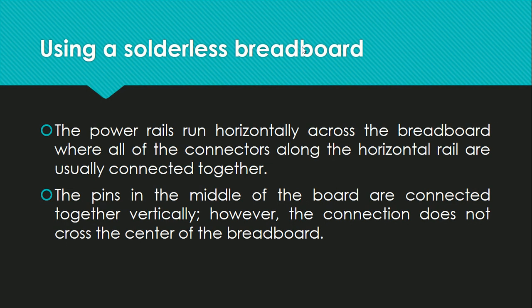So the power rails run horizontally across the breadboard, where all of the connectors along the horizontal rail are usually connected together. That's what I've been trying to say in the previous slide. The pins in the middle of the board are connected together vertically. However, the connection does not cross the center of the breadboard.